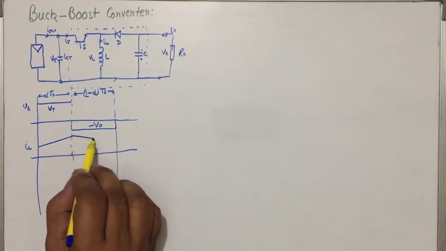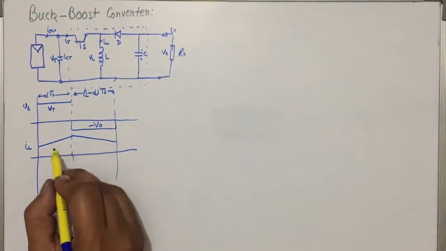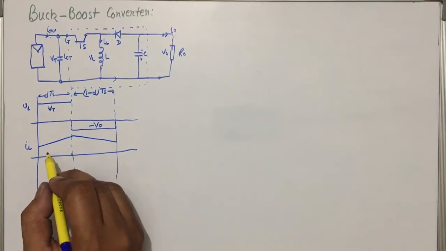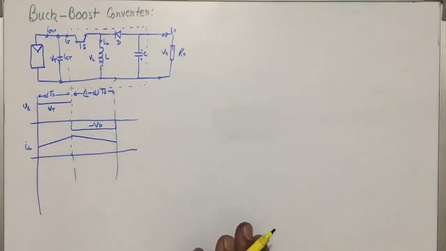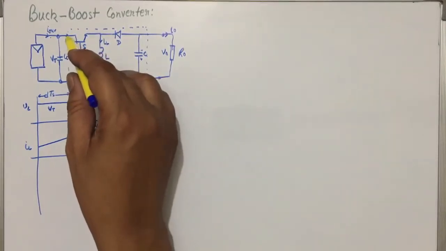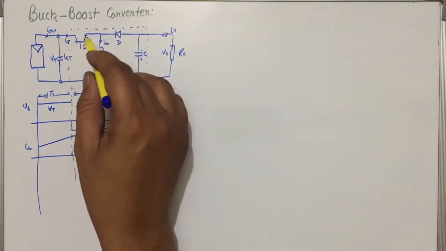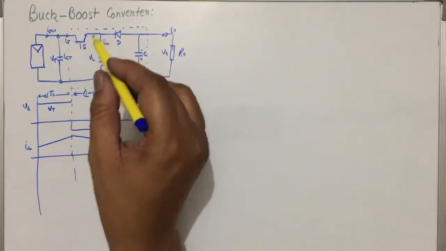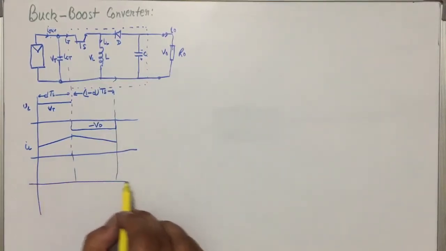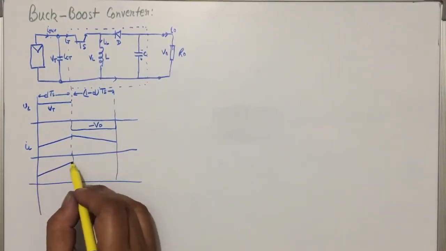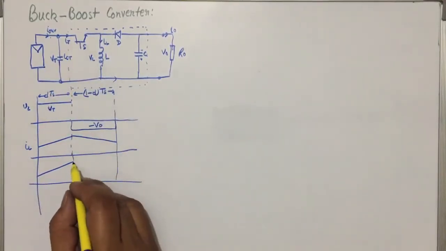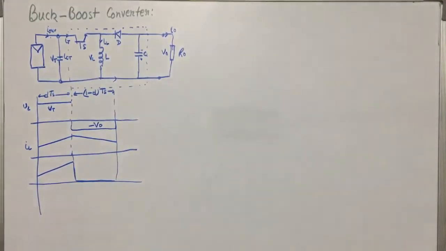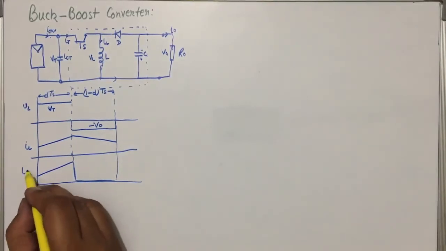With minus sign, the slope will remain same. So this is IL. At the same time, when it is on, IT will have this path. So IT will have same current as IL, though for off period there will be no IT. Okay, so IT.